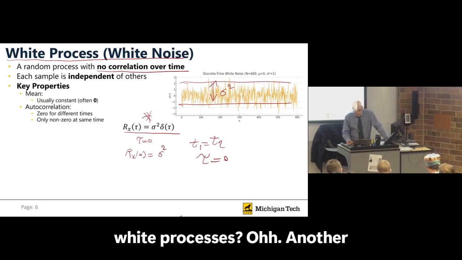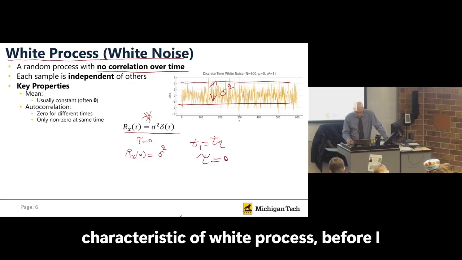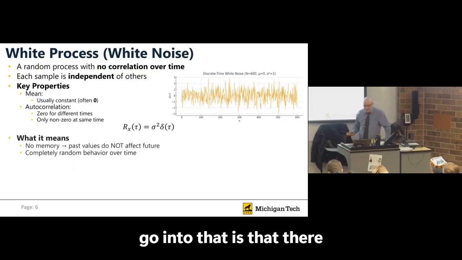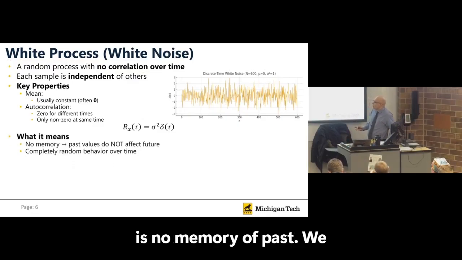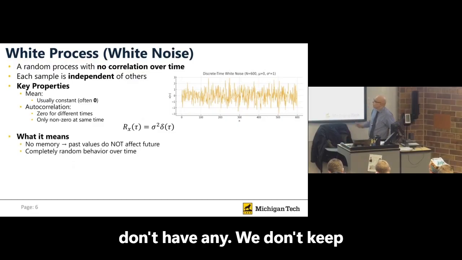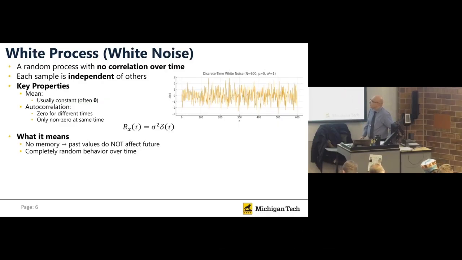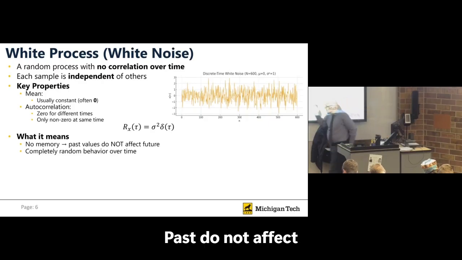Another characteristic of a white process is that there is no memory of the past. We don't keep anything about the past. The past does not affect the future.